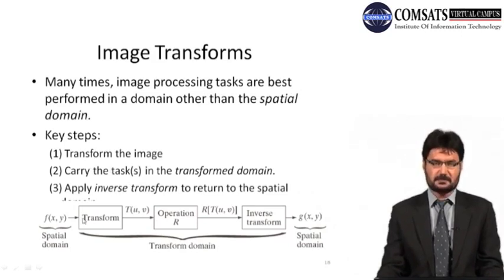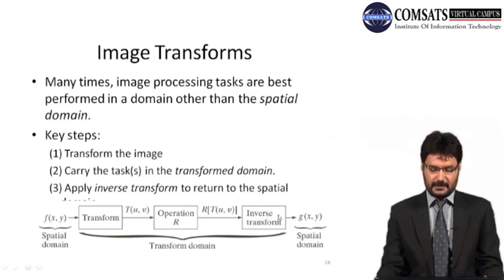First, from the spatial domain, we transform the image, which we call T(u,v), and then we perform the operation R, whatever the operation that we want to perform. So we carry out the task in the transform domain, and after that apply the inverse transformation so that we have the spatial domain image again, the function that we want as g(x,y).